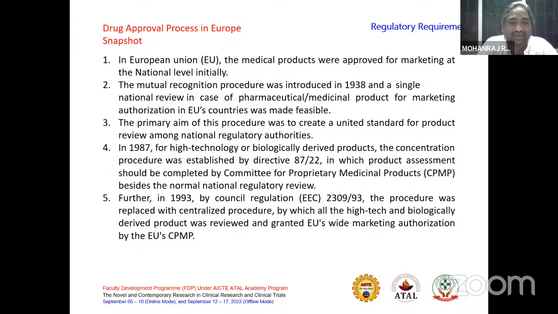Further, this was enacted with some replacement for the centralized procedure. And this centralized procedure gives a wide marketing authorization across all the countries of Europe.